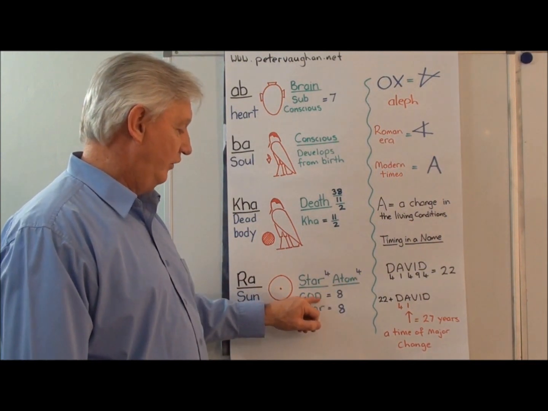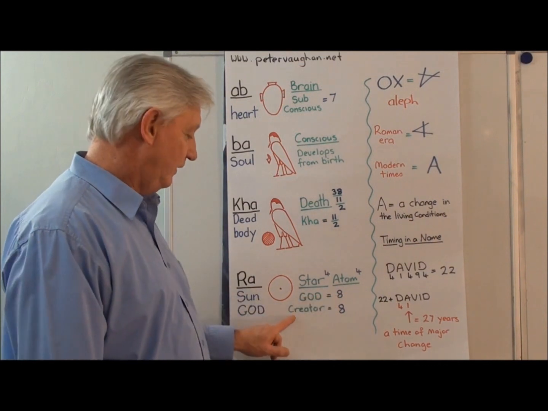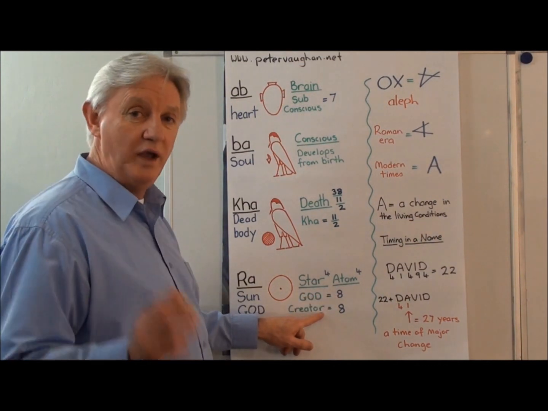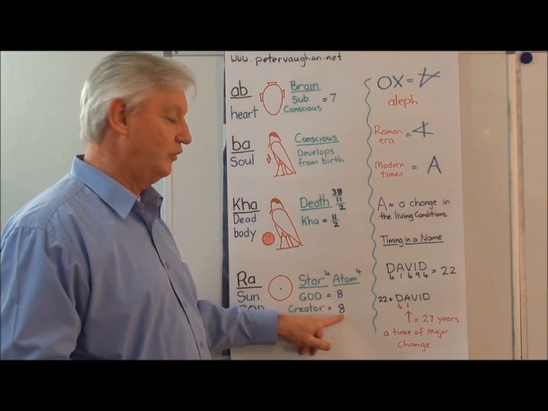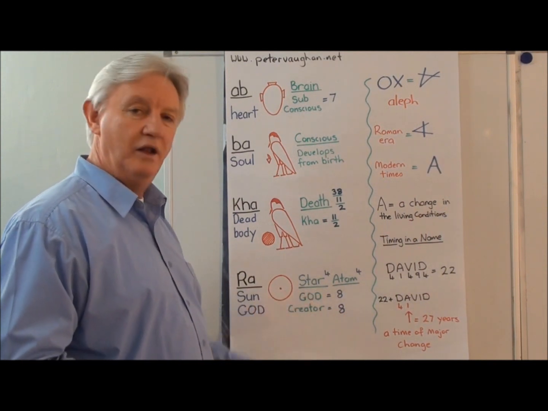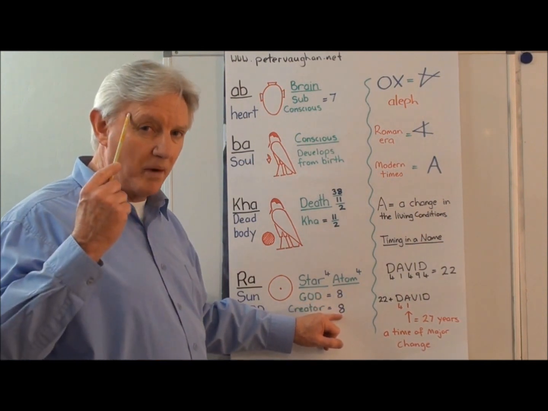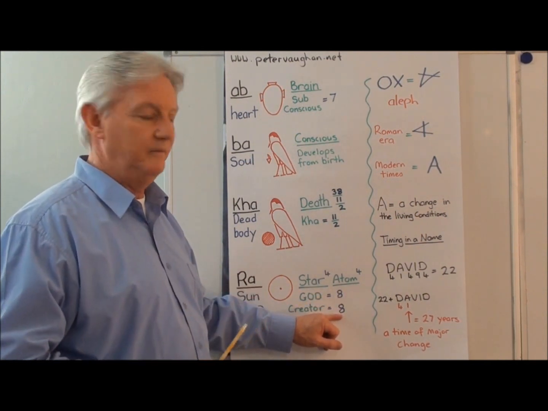The word God, numerologically speaking, adds to group 8. The word creator, if you add those letters up, also comes to group 8. Is that a coincidence? When I studied this here, there are a lot of other words that relate to group 8. For example, the word brain adds to group 8.